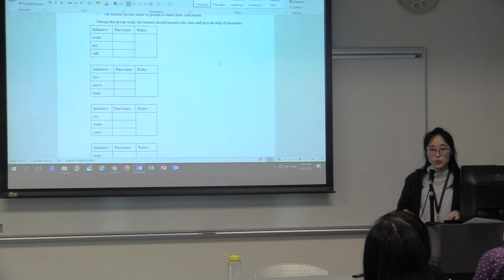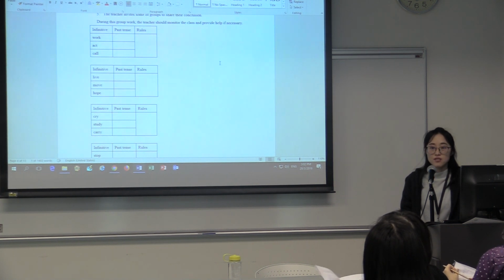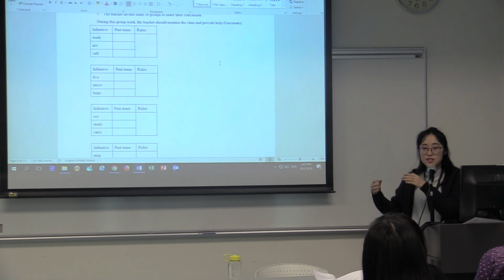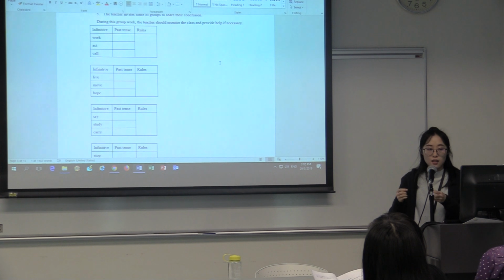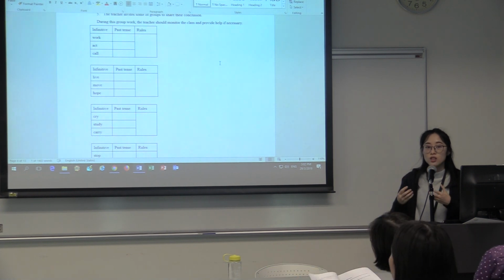The teacher will give a demonstration with the correct answers on the screen. The students can listen to the teacher and write down the rules, combining their own discovery and finding.